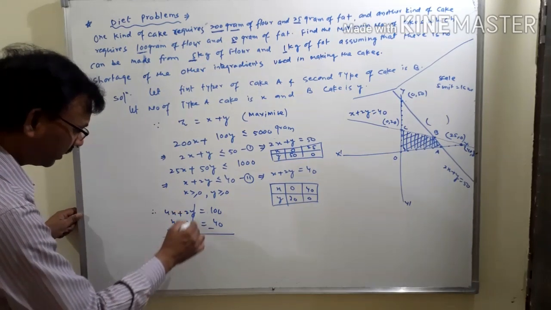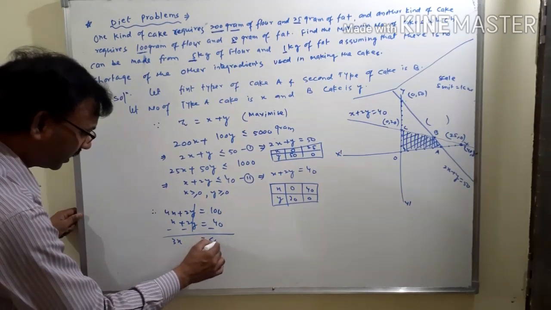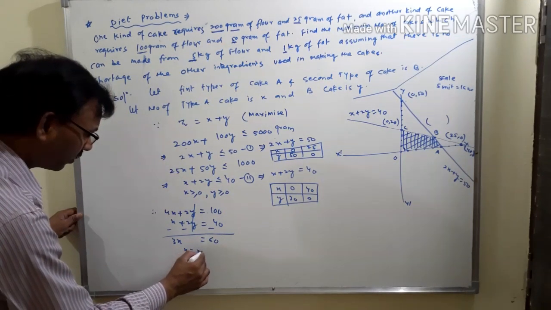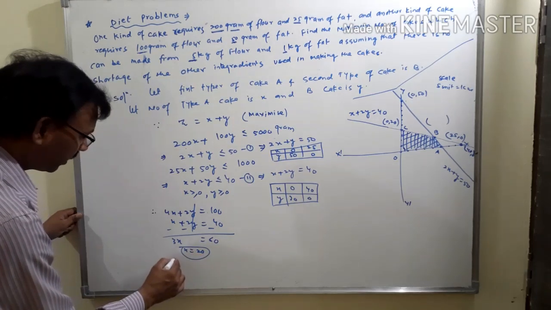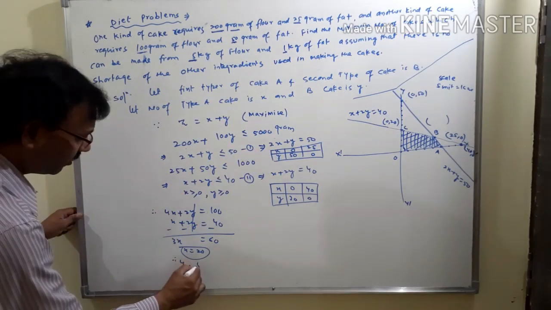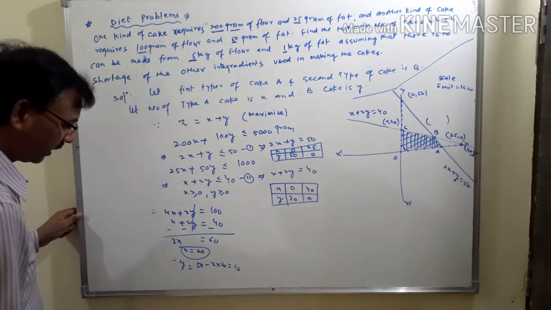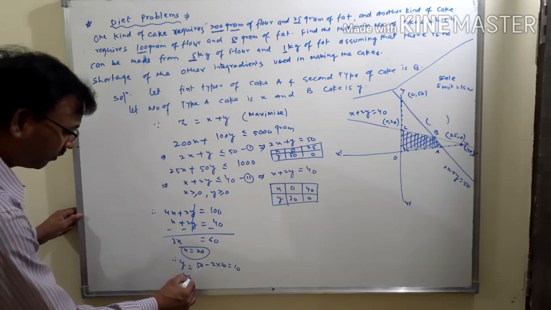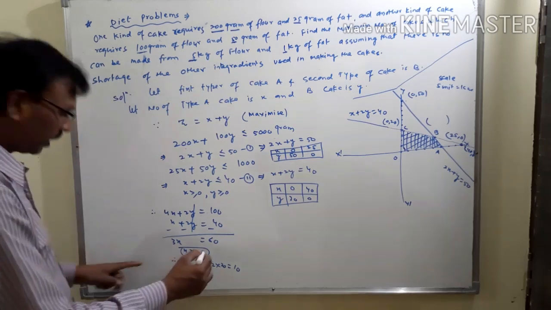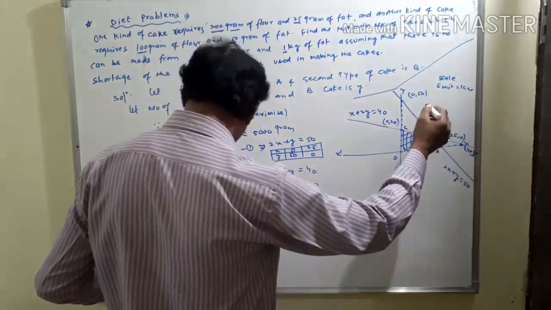Now change the sign, and this 2y will be cancelled. This will be 3x equal to 60, or x equal to 20. Therefore y equal to 50 minus 2 into 20, this will be 10. So y equal to 10. This is the coordinate of point B: (20, 10).